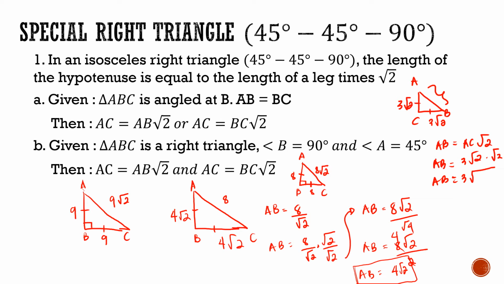Then square root of 2 times square root of 2 is the square root of 2 times 2, so we got 4. Then let's get the square root of 4. So AB is equal to 3 times the square root of 4, which is 2. So AB is equal to 6.